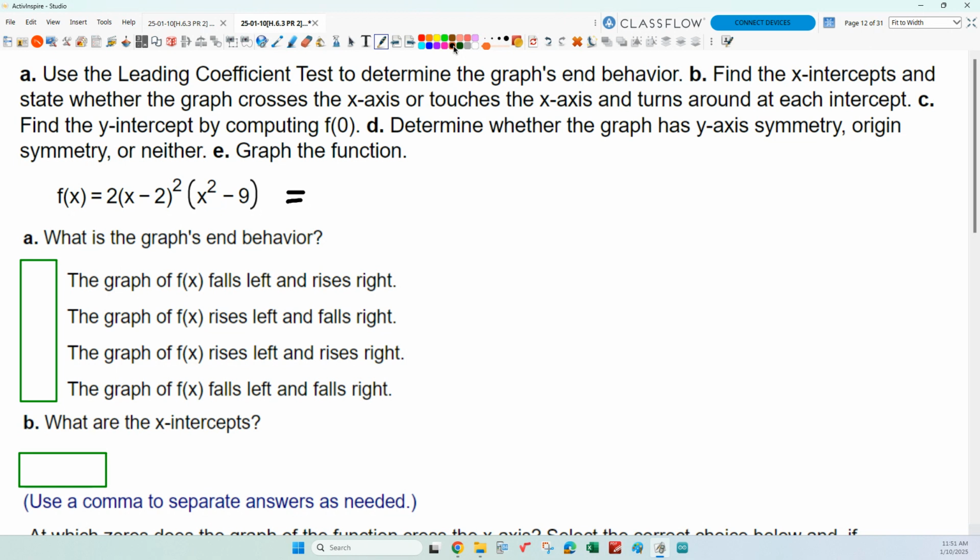I'm going to get a bunch of other stuff, but I know I'm getting 2x to the fourth plus other stuff. But that's my leading term. Behavior then. Yeah, positive even, so it rises. So it's got to be third option, right? Okay.